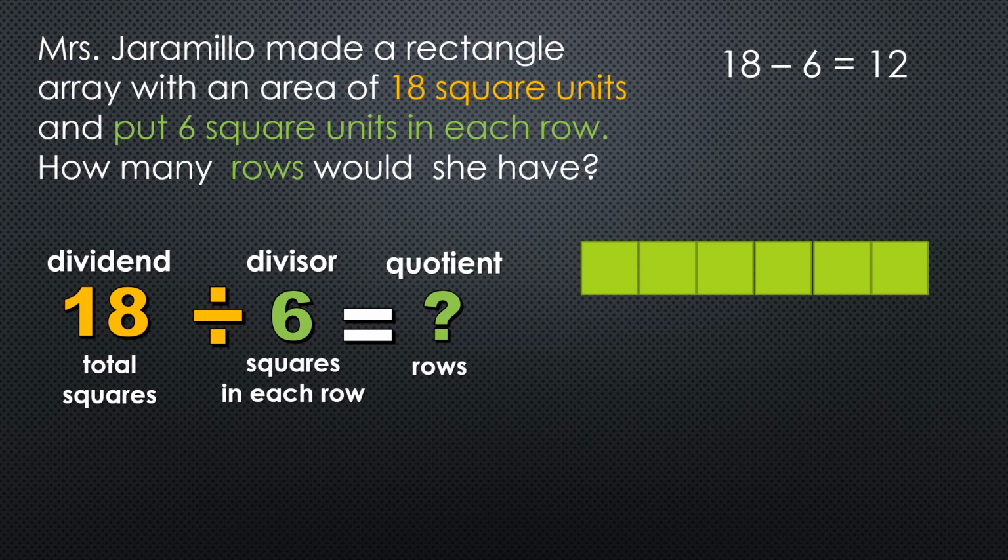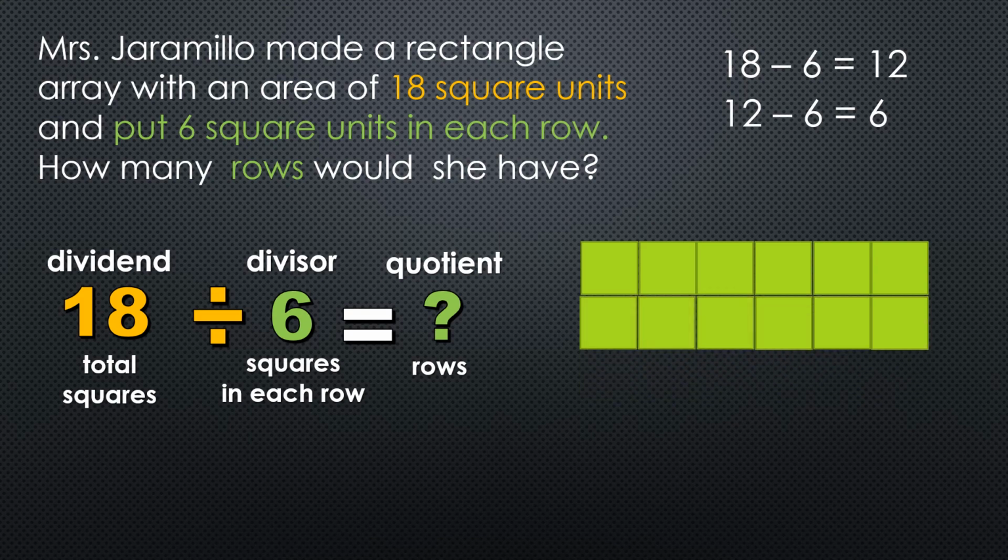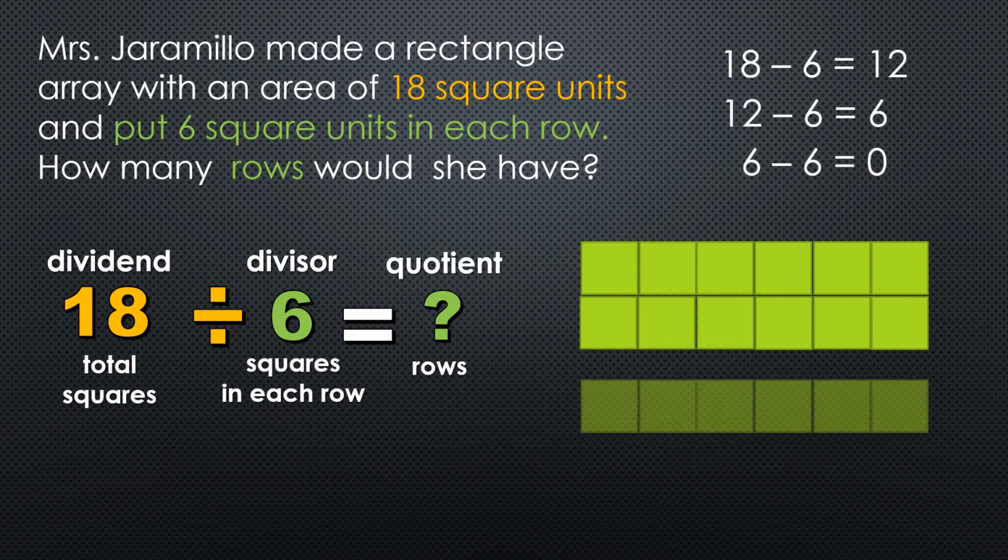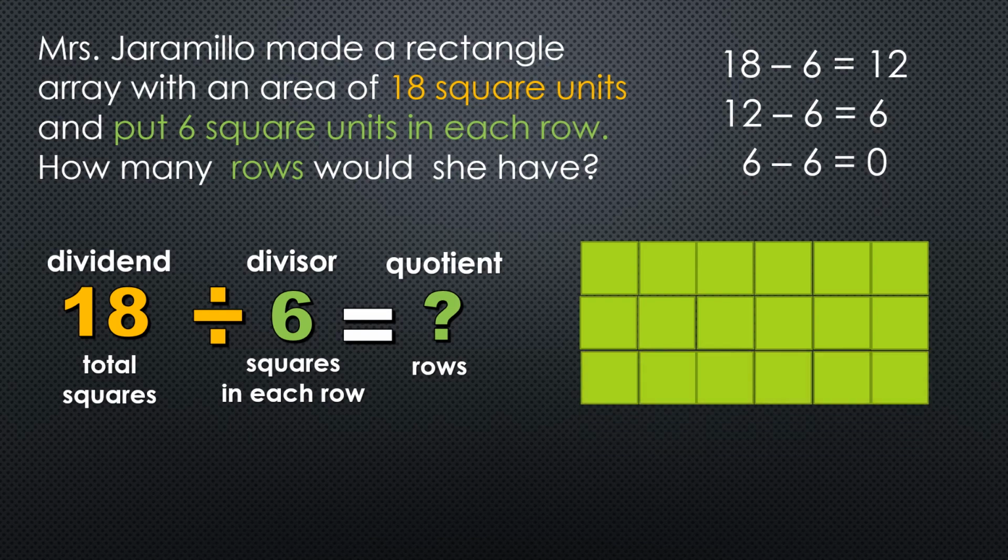Now we're going to take 6 more squares and take those out of the 12, and we're going to put that into a row. Now we're left with 6 squares, and now we're going to take those remaining 6 squares, we're going to put them into a row, and now we're left with 0 squares.